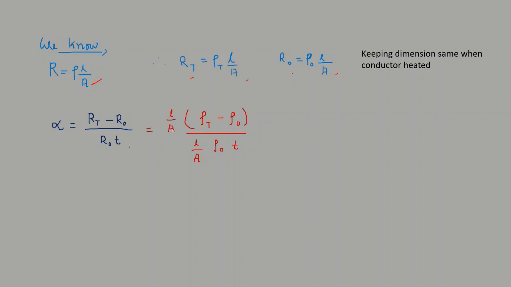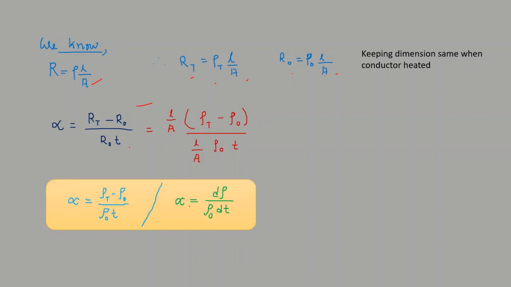And thus we obtain, by placing the values from these equations, alpha equals rho T minus rho 0 divided by rho 0 into T, or alpha equals d rho by dT divided by rho 0.